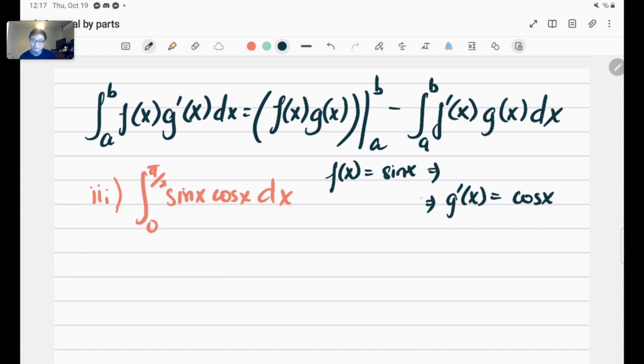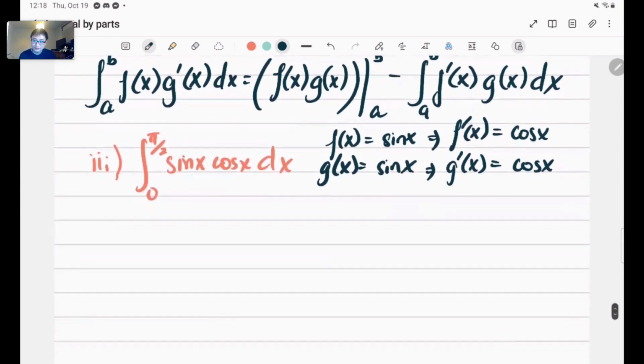In this particular problem, you can switch them. Be careful with the other ones. All right, the derivative of sine of x gives you cosine of x, right? And integrating cosine of x gives sine x again. All right, so let's do this integral.